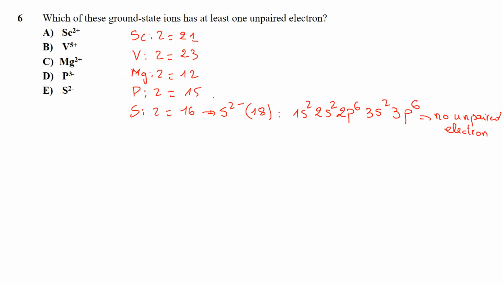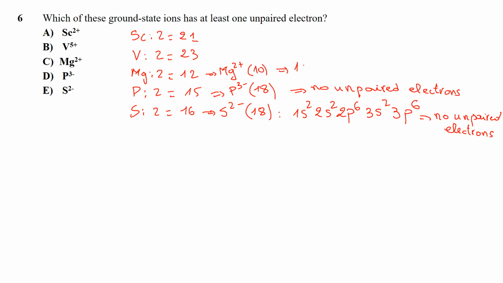For Z equal 15, when we have P3 minus, I will add 3 electrons. So it's going to be also 18. So same configuration here, no unpaired electron. Okay, now when I have Z equal 12, if I have Mg2 plus, which is the magnesium ion, I'm removing 2 electrons, so left will be 10 electrons.